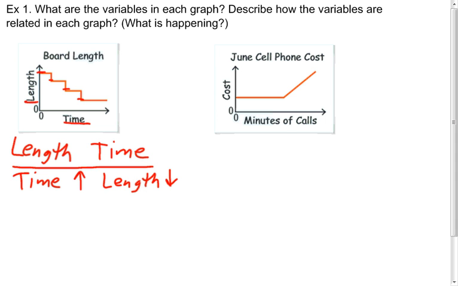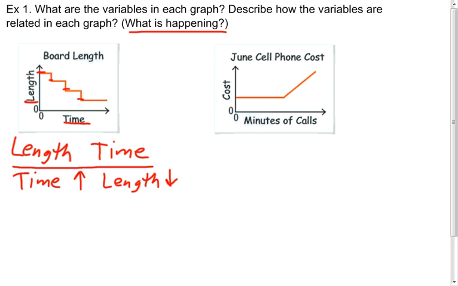Now, I also put in parentheses here, what is actually happening in this graph? Can you tell me a situation in life where this might actually happen? Why would the length of a board go down? Okay, so you've got a board that's 10 feet long in the garage, and you take a saw and you cut it. Well, what happened to the length of your board? It got shorter.